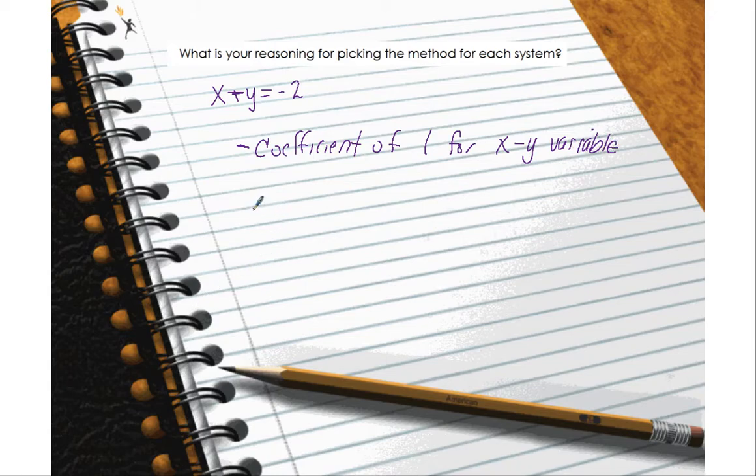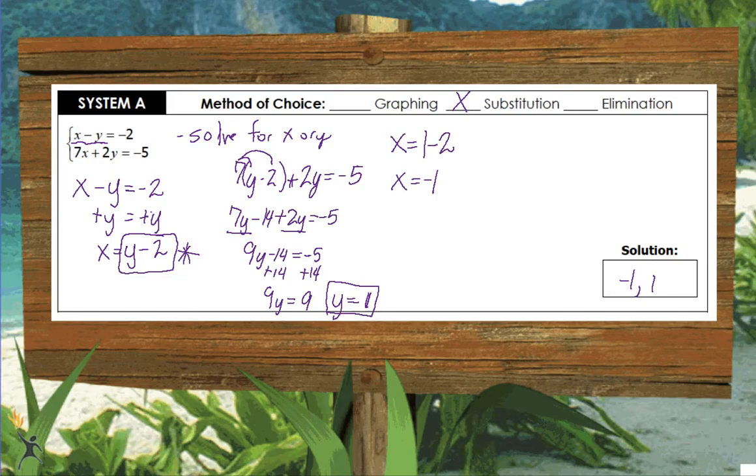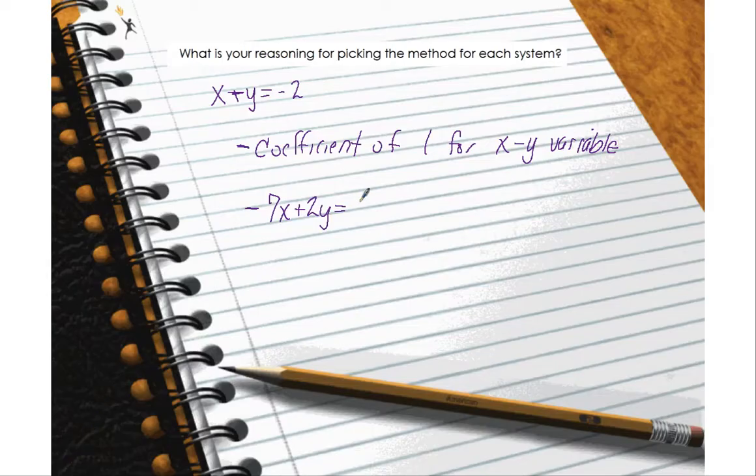The other reason is when I look at the other equation, 7x plus 2y equals -5, if I try to solve this for y to graph as the other option, it's going to take longer to do the math.